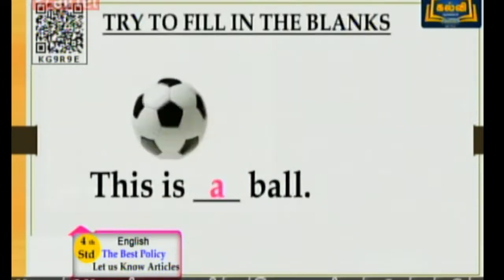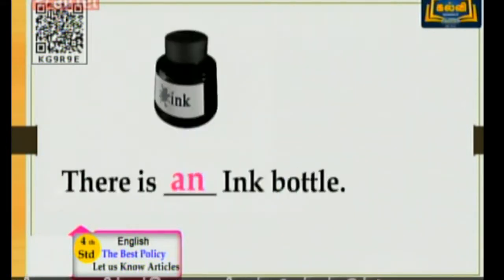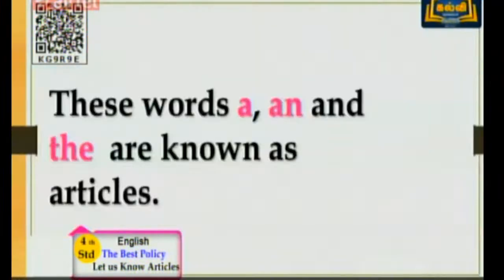This is a ball. There is an ink bottle. So particularly this A and the are known as articles.